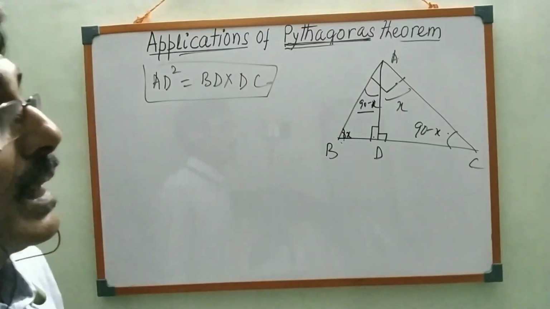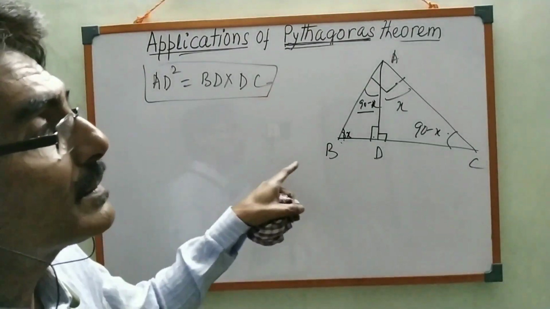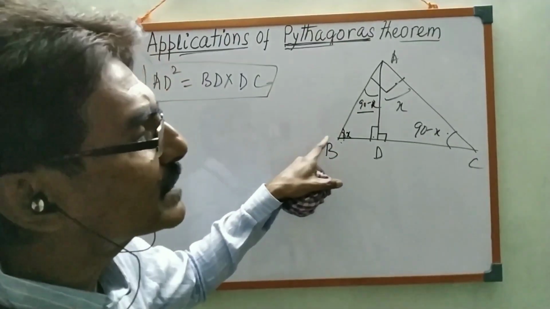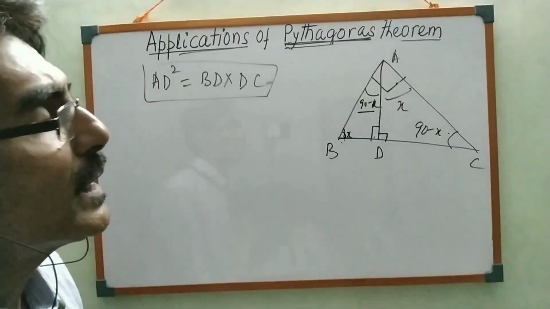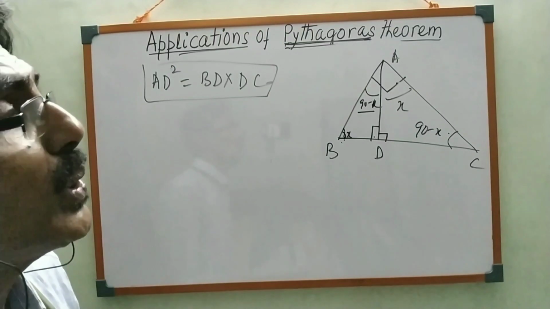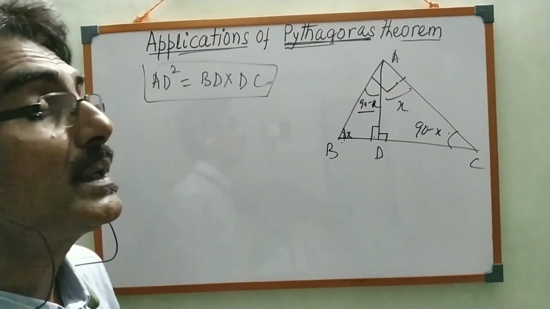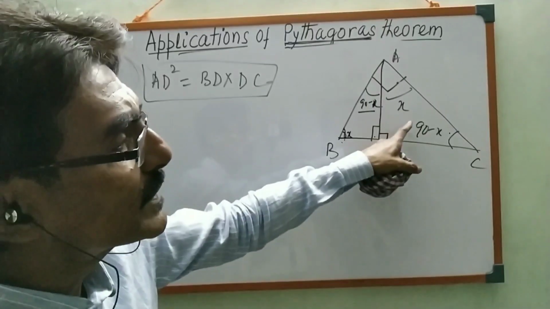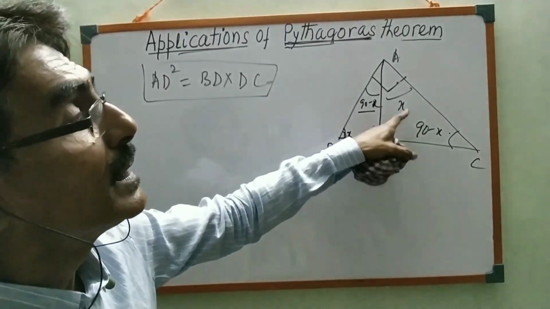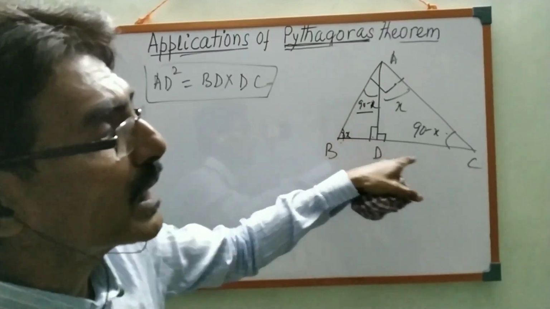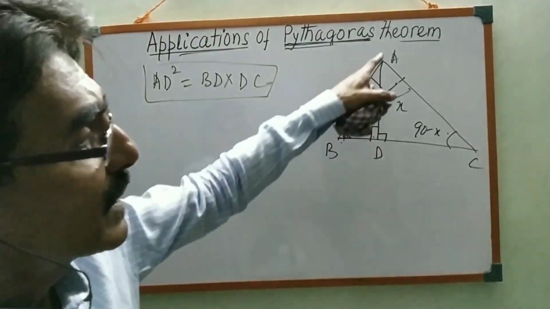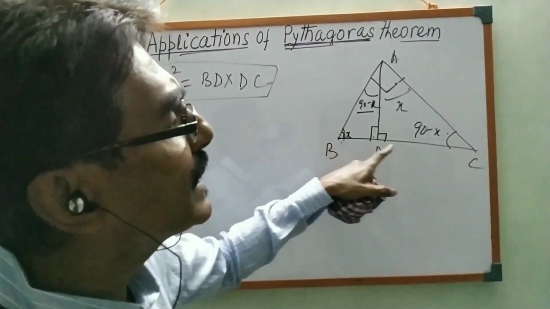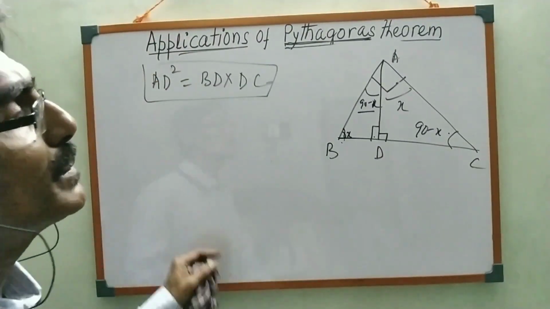Now you see, out of the three right angle triangles, ADB, ADC and the original triangle ABC, all are right angle triangles and all the triangles are equiangular. Last day I also said so. So here, the first triangle and second triangle are similar. This small triangle and the full triangle are also similar. The right side small triangle ADC and the full triangle ABC are also similar.